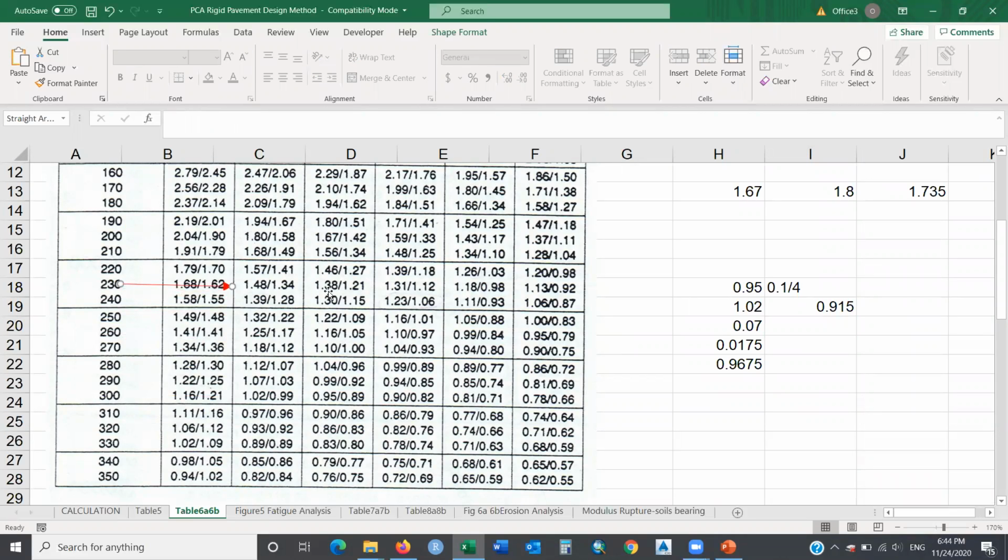I am somewhere between 138 and 148. So I'm at 1.505.